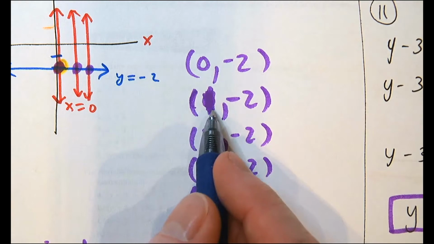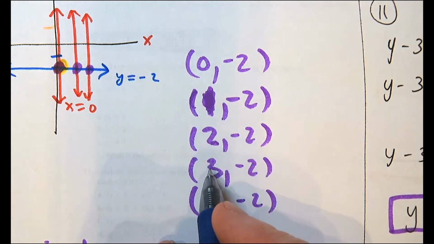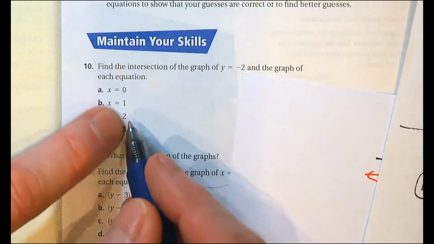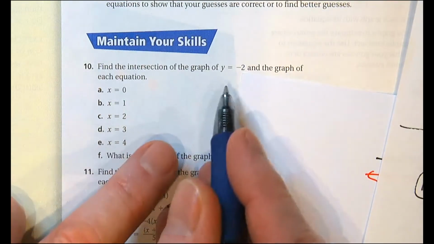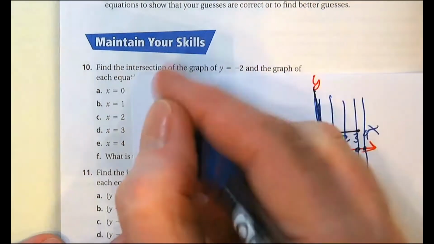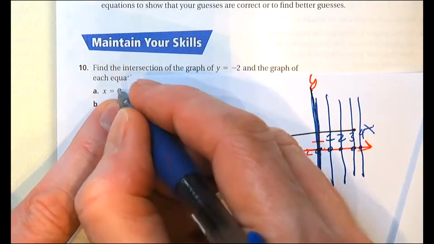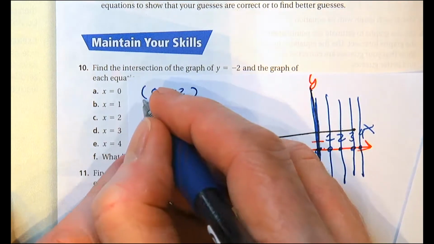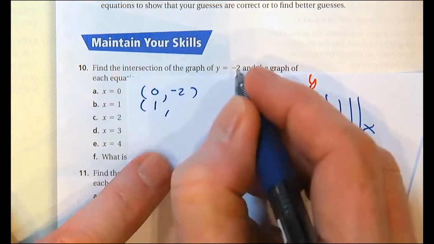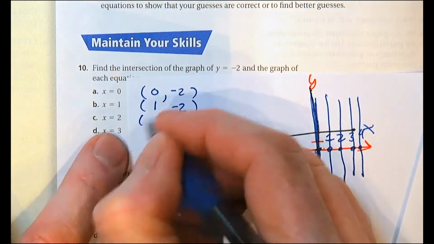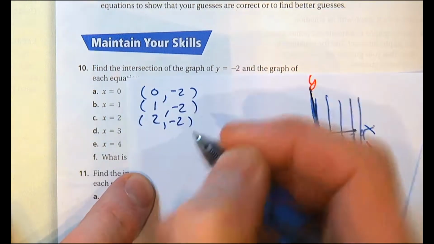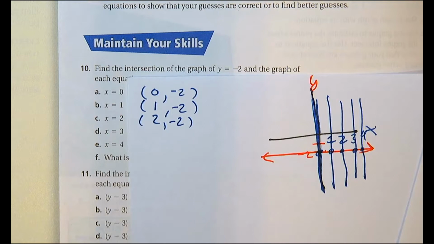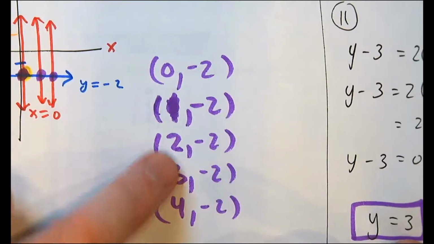If x is 1, if x is 2, if x is 3, if x is 4, actually I have the answers. These are the x's and these are the y's. So each one of these I can go, where do you cross? Well, I have to be 0 and I have to be -2. That's where we cross. I have to be 1, I have to be -2. I have to be 2, I have to be -2. So you can go right down the list and that's where they all touch.